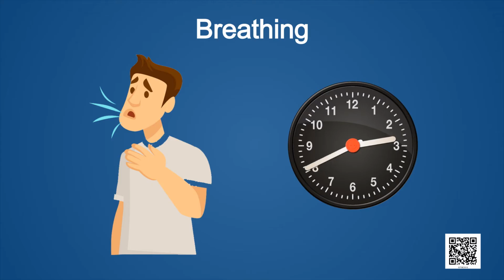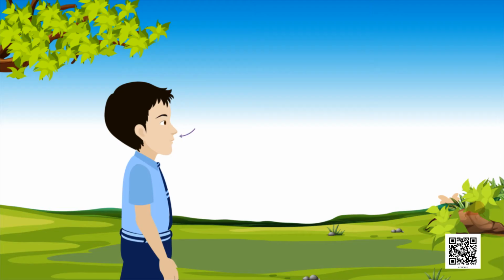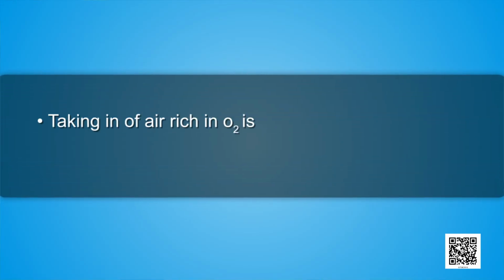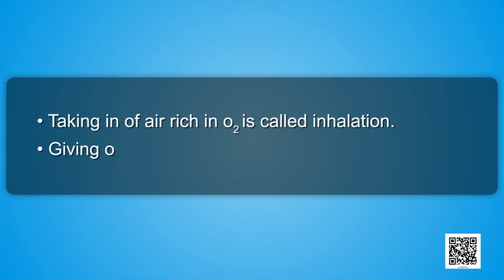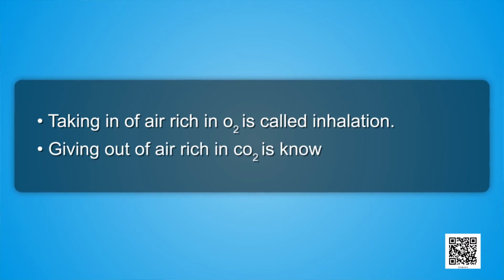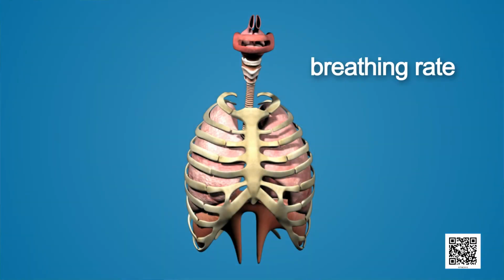Breathing means taking in air rich in oxygen and giving out air rich in carbon dioxide. Taking in of oxygen-rich air is called inhalation, while giving out of air rich in carbon dioxide is known as exhalation. The number of times a person breathes in a minute is termed as the breathing rate.